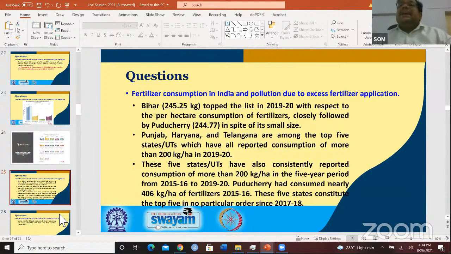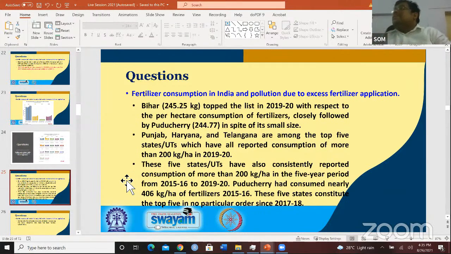Punjab, Haryana, and Telangana are among the top 5 states or union territories which all reported consumption of more than 200 kg per hectare in 2019-20. These 5 states or union territories have also consistently reported consumption of more than 200 kg per hectare in the 5-year period from 2015-16 to 2019-20.